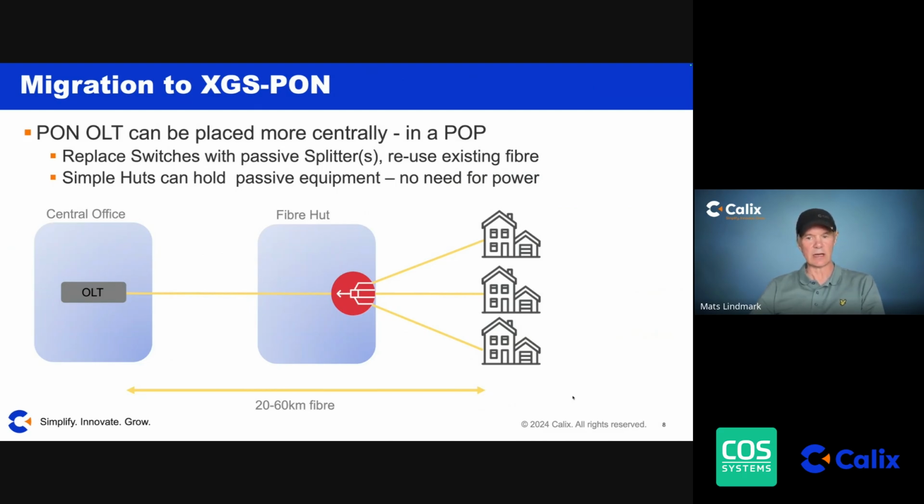From the OLT out to the household, the network becomes completely passive, and you don't need any powered equipment in the fiber hut. One thing worth mentioning here is that XGS-PON can cover from 0 kilometers up to 60 kilometers of fiber.